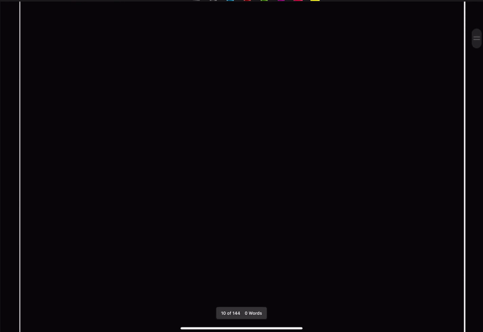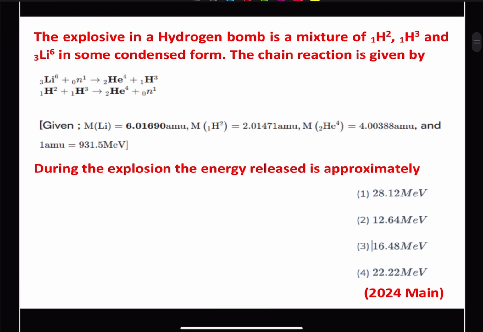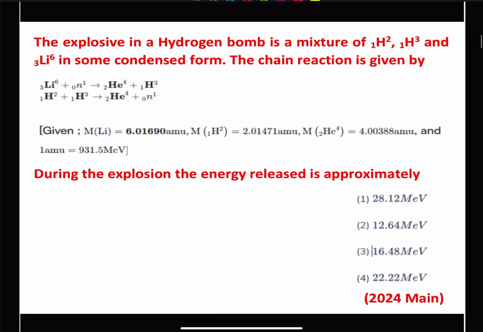Next question. It states that the explosive in a hydrogen bomb is a mixture of H2, H3 and lithium-6 in some condensed form.